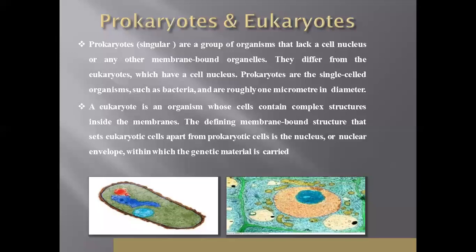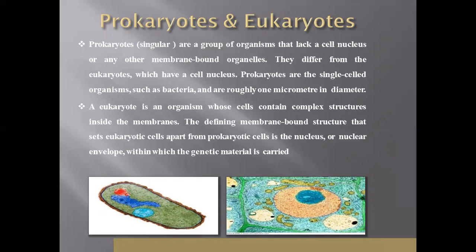Now, prokaryotes and eukaryotes. On the basis of the type of nucleus present inside the cell, organisms are categorized as prokaryotes or eukaryotes. Prokaryotes are a group of organisms that lack a cell nucleus or any other membrane-bound organelles. They differ from the eukaryotes, which have a cell nucleus.